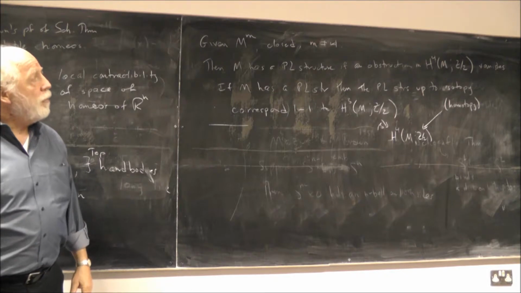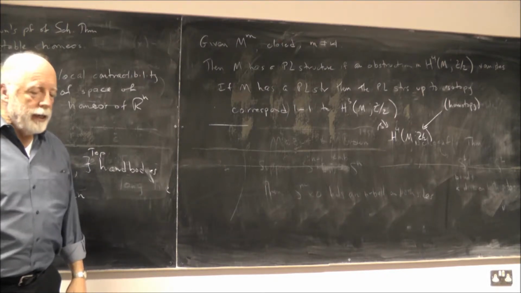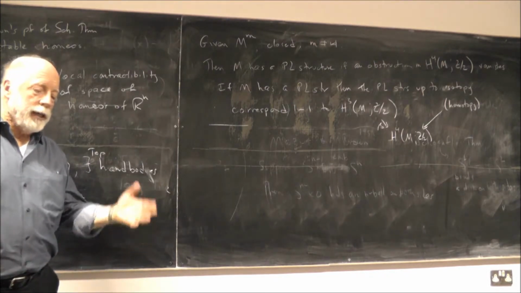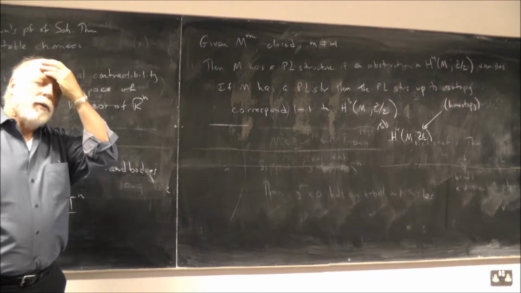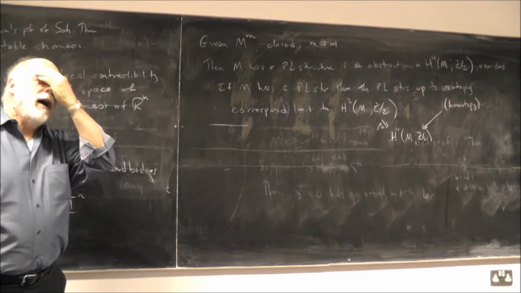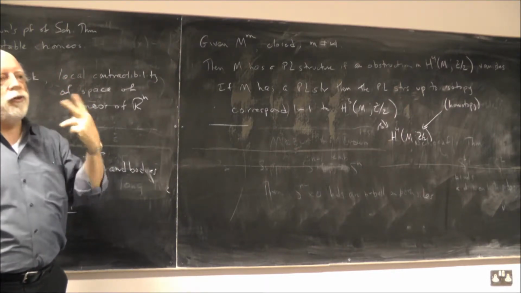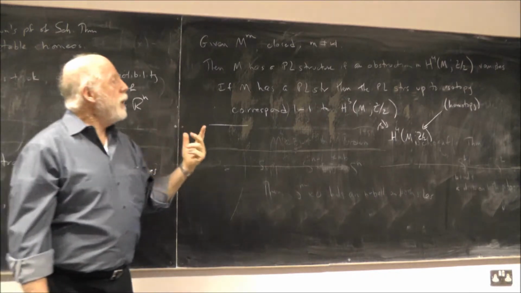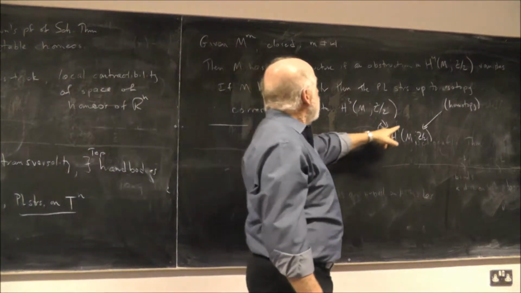And then in dimension 4, Mike Freedman classified simply connected topological manifolds, and if they have odd intersection form, there are 2, and they're distinguished by this same invariant up here.